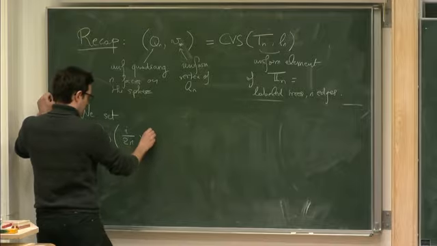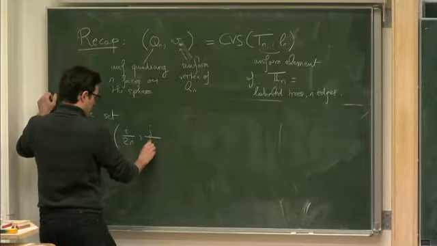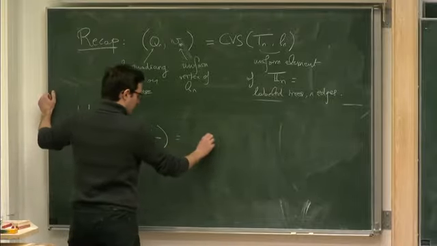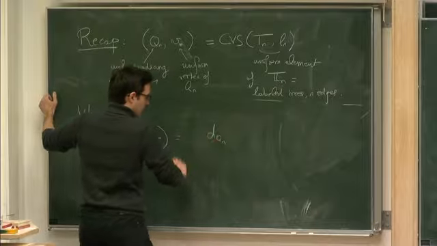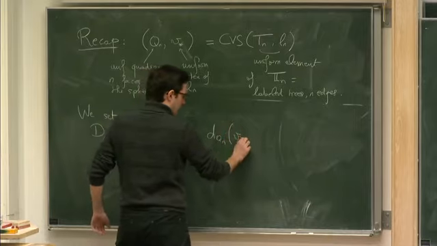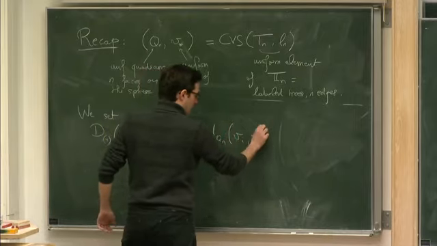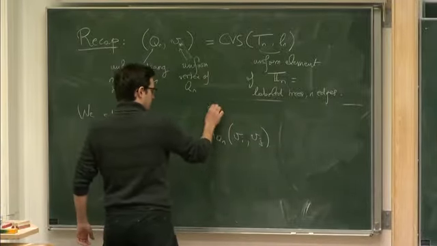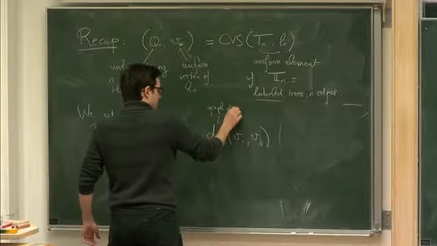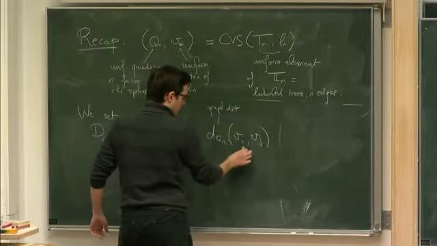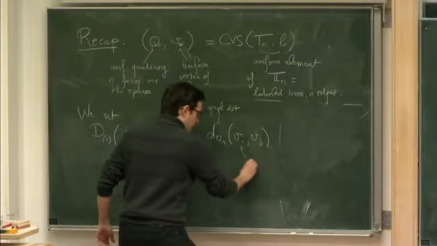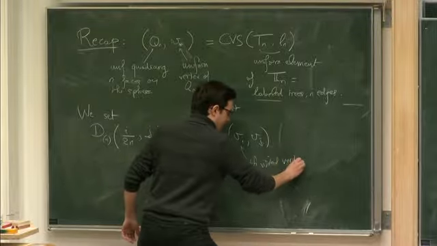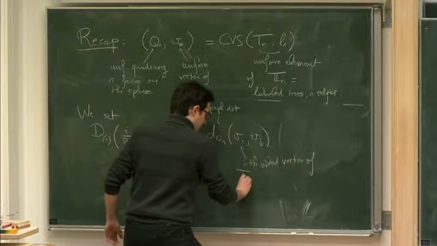Define d_n of i over 2n, j over 2n as the distance in the quadrangulation between v_i and v_j. So this is the graph distance. And this, as usual, is the ith visited vertex of Tn in contour order.